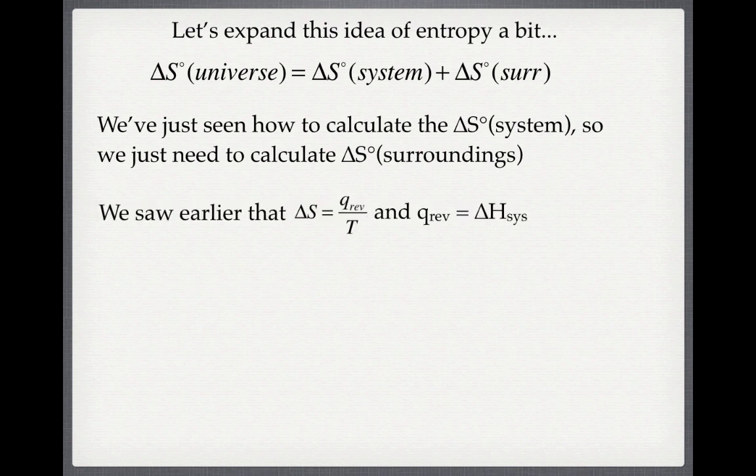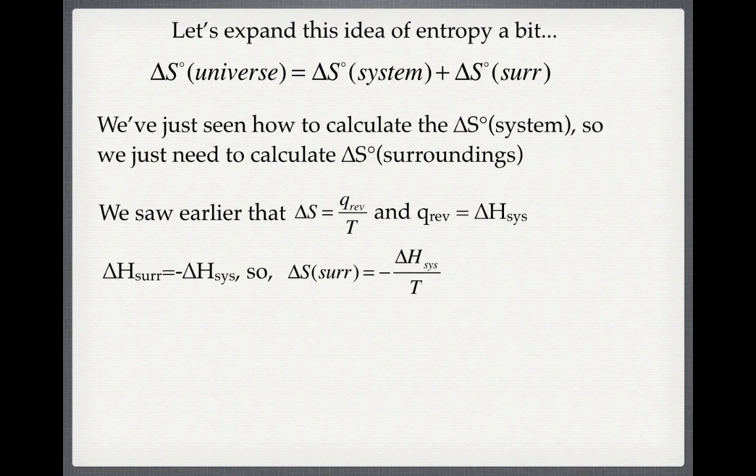Well, we saw earlier that the change in entropy is equal to Q reverse over T. Now, under constant pressure conditions, which pretty much means we have an open beaker, which is one of the most common situations that we deal with, the Q reverse is going to be equal to our change in enthalpy for the system, so our delta H. So our delta H of surroundings is going to be equal to the opposite of the delta H for the system.